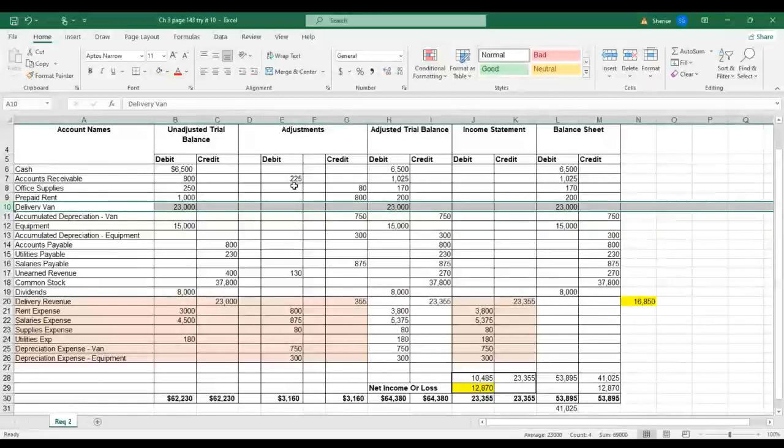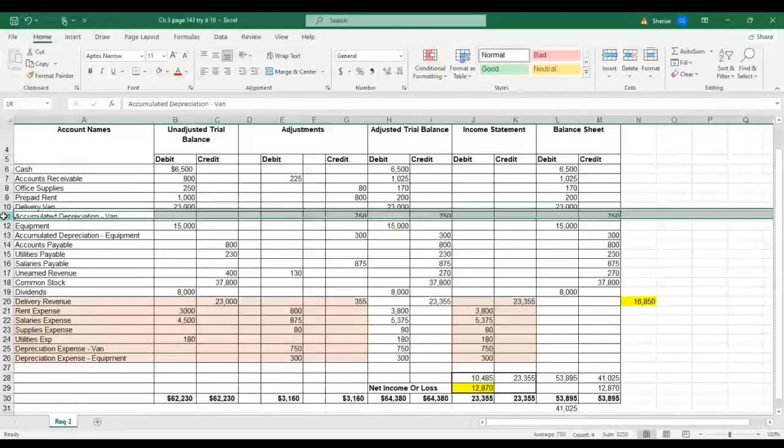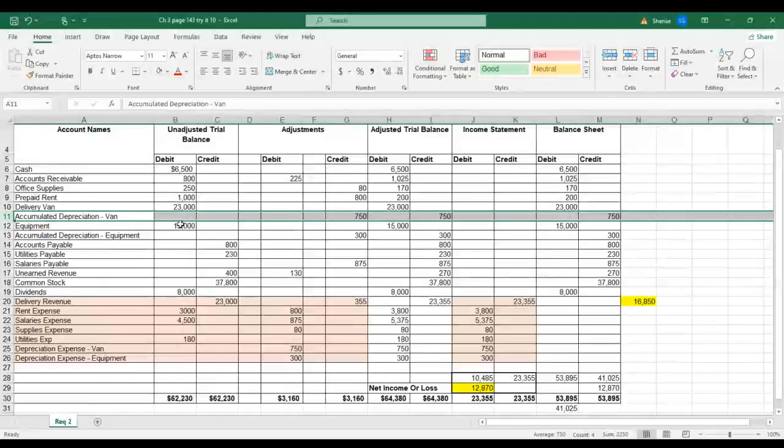That's going to stay the same because we had no adjustments on the delivery van. So we continue to have a debit for the delivery van here in our adjusted trial balance. Accumulated depreciation. So we started out, we had no depreciation. So based on that information, that tells me that we just got the van when we performed our unadjusted trial balance, because we had no depreciation here.